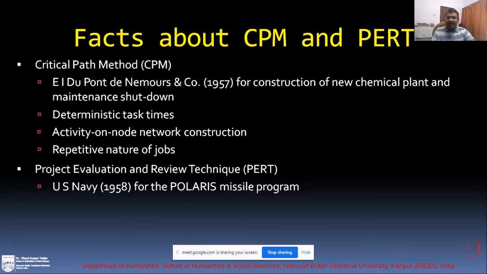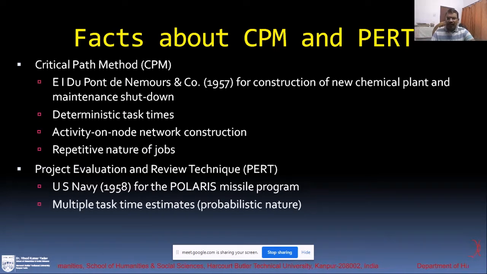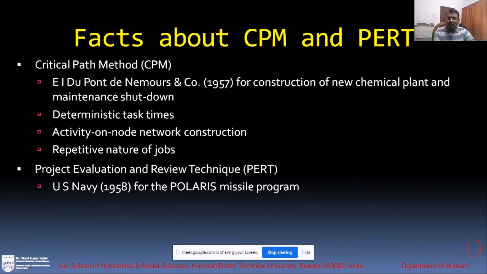The critical path method was first invented in 1957, whereas PERT was invented in 1958, just one year later. This was basically for the missile program, because the activities associated with any missile program do not have deterministic time slots.